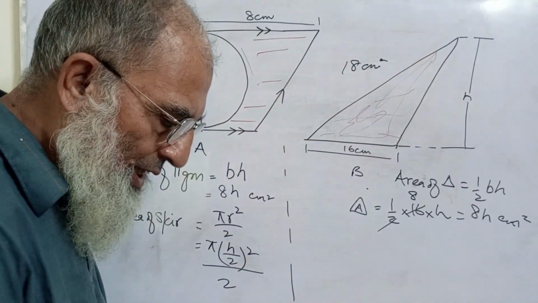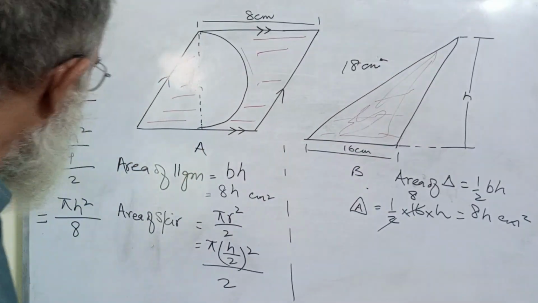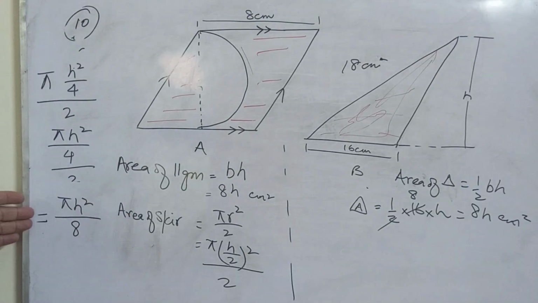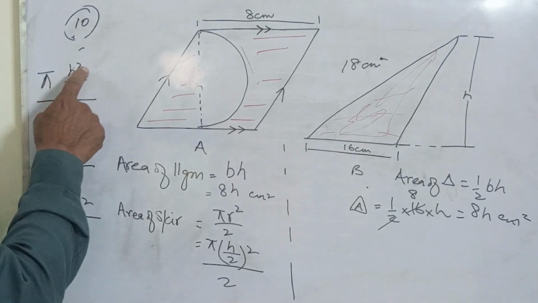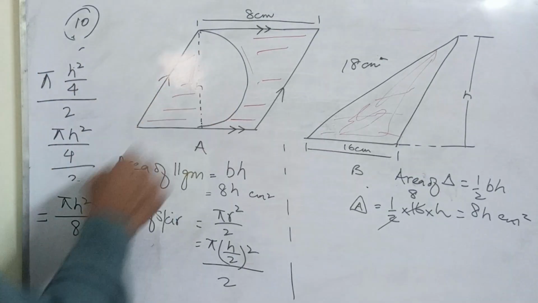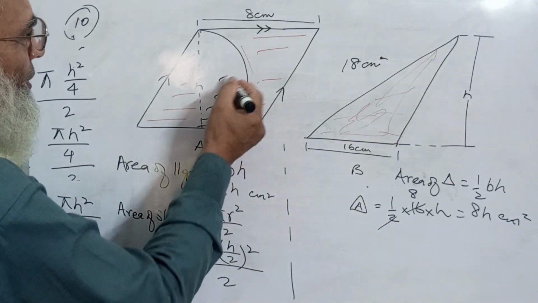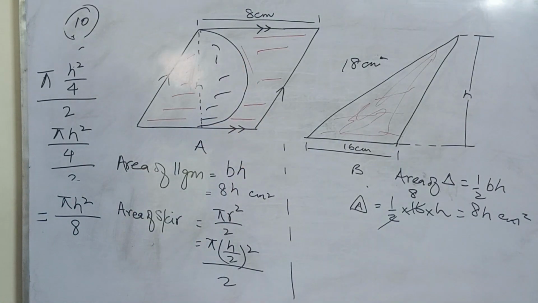Now, my dear students, if you have understood, I can proceed. You see that I have brought this from pi r square. Now this is the area enclosed within this semicircle.